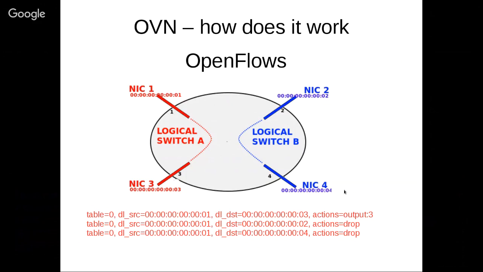This is specified by actions equals to output 3. The other rules specify that all traffic to NICs 2 and 4 will be dropped. In effect, we can divide the bridge into 2 multiple isolated logical networks: the red network and the blue network.